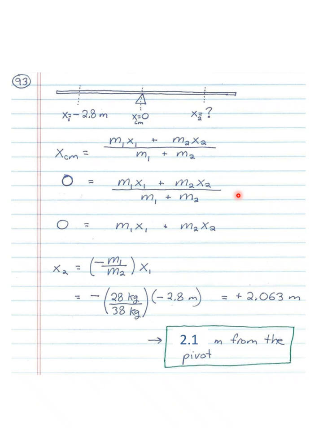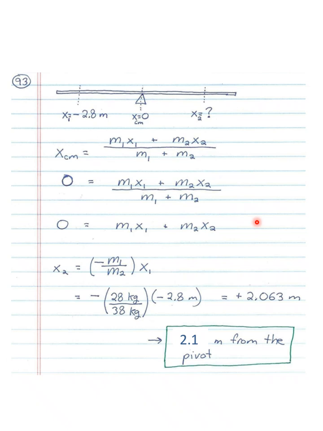So in the next step, I've eliminated the denominator, because if a fraction equals 0, the numerator equals 0. Another way, more mathematically, is that I've just multiplied both sides of the equation by m1 plus m2. That gives you 0 on the other side and leaves you with the numerator.